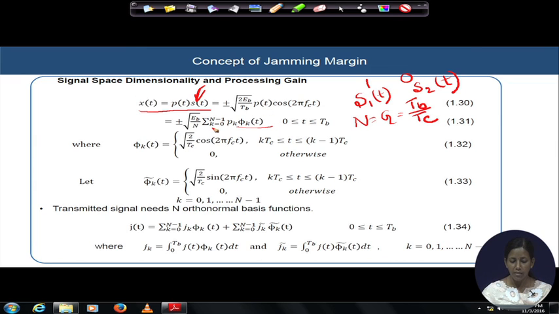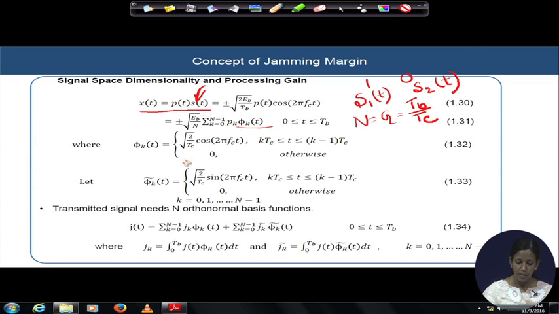And p(t) is now the summation of k equal to 0 to N minus 1 of p_k, because here we are considering psi_k equal to 1 for the rectangular chip waveform. So the value of p_k will be either plus 1 or minus 1 continuously going on. So, equation 1.30 will turn into 1.31 for the bit duration period of T_b.